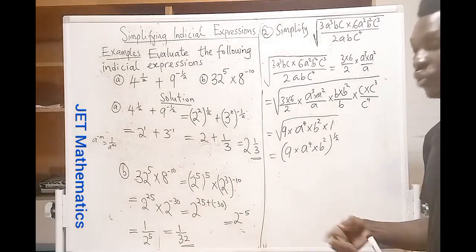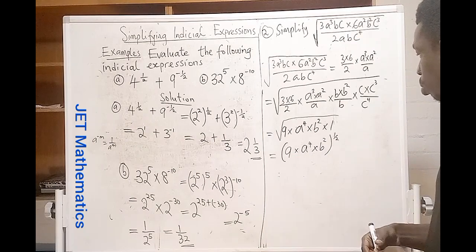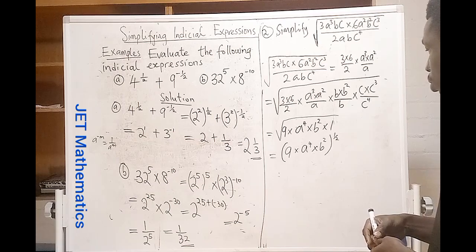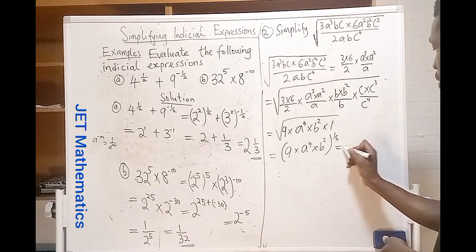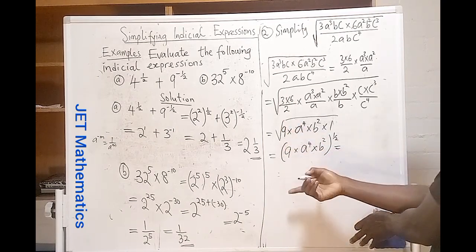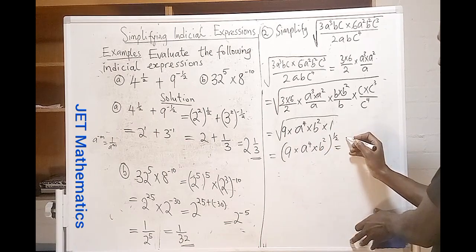We have discussed that before. So we can simplify this. Just trying to show you, but you already know that the square root of 9 is 3. You can solve that straight. But then let's just see how to simplify this.